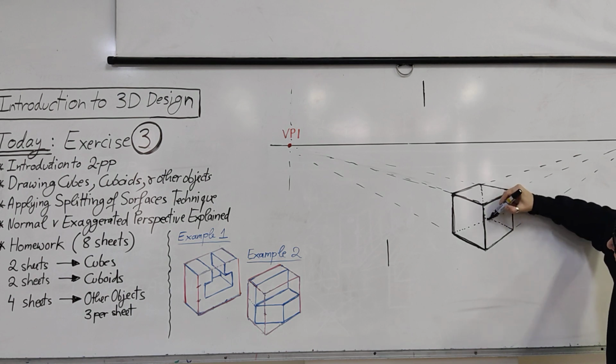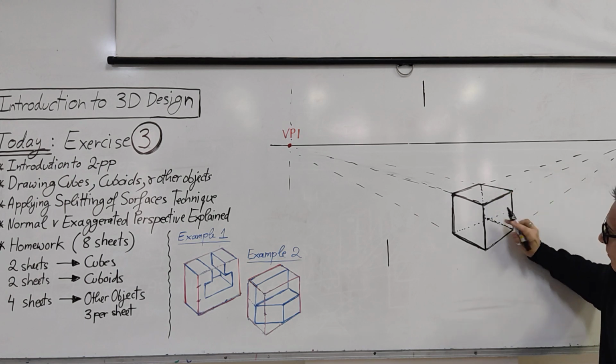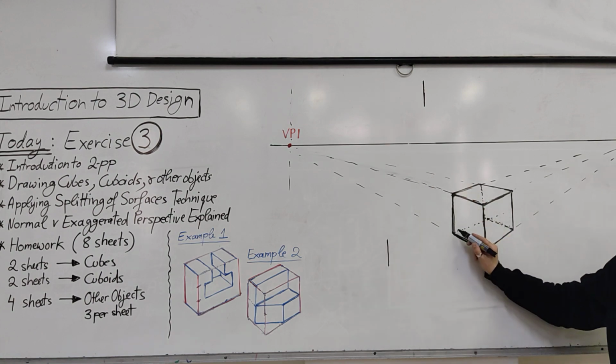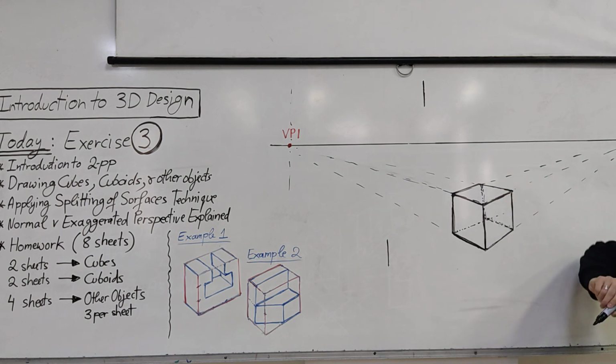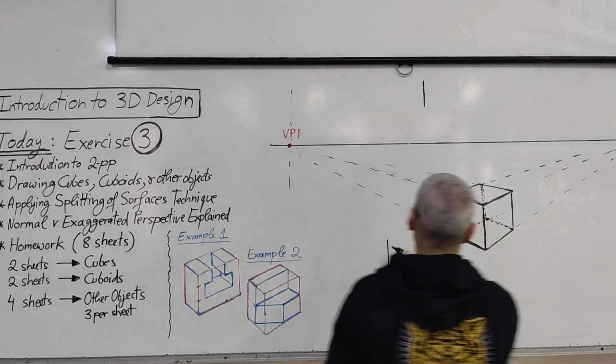Now, they should meet. Basically, if you've done it correctly, this line that goes to this vanishing point, this line that goes to this vanishing point, and the straight line that goes down from here, they should meet at one point inside the cube. So, these are the hidden lines. Let us check this now.